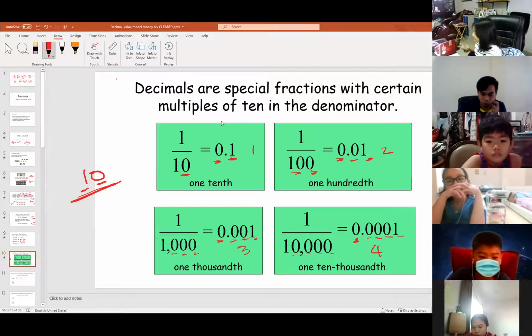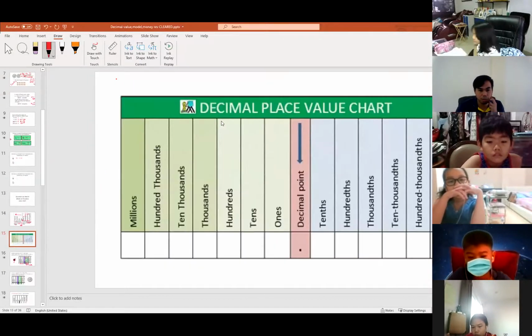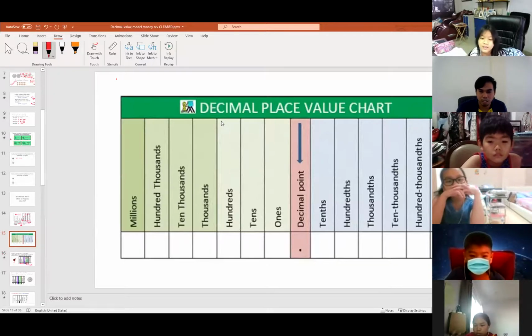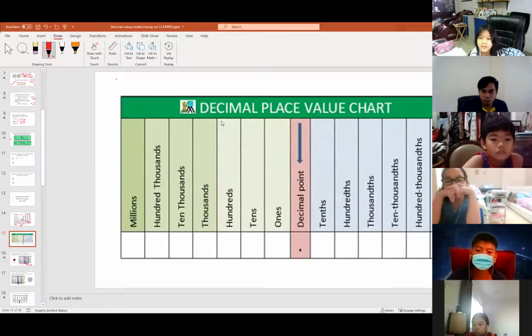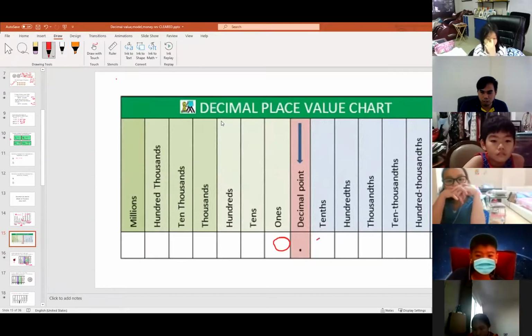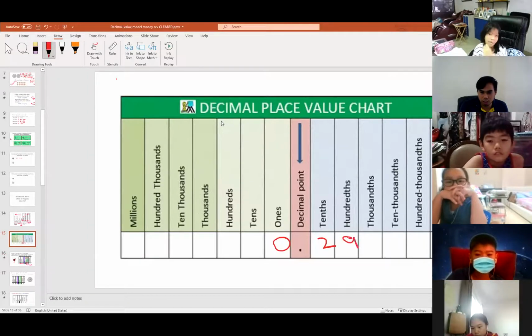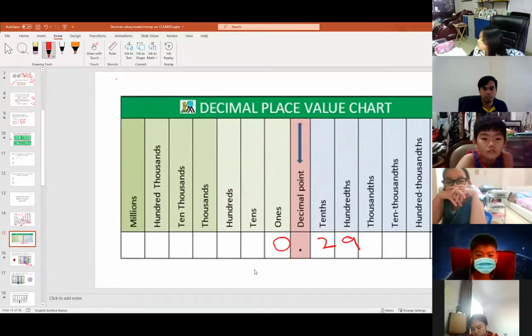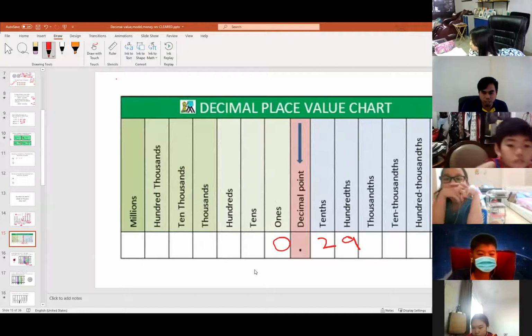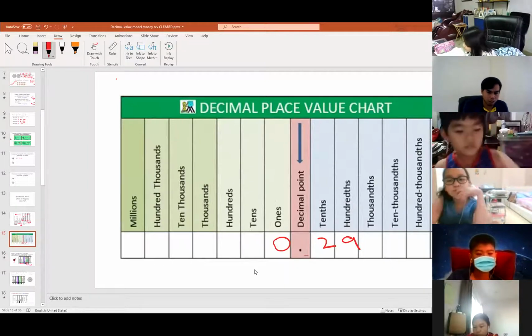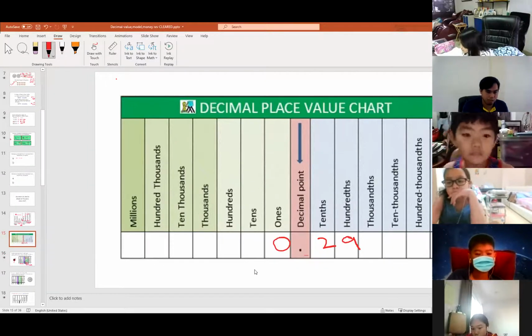Okay, I will show you so it'll be much clearer. Earlier I wrote, let's say, 0.29. In a decimal number, the ones are always the number on the left of the decimal.